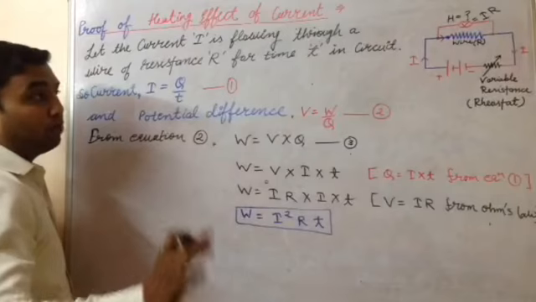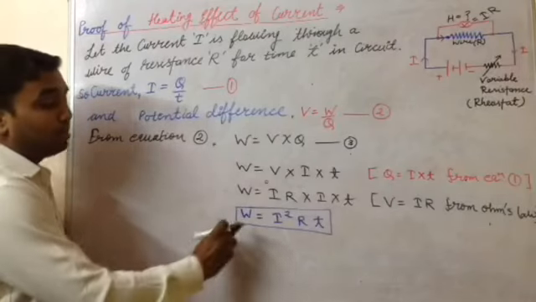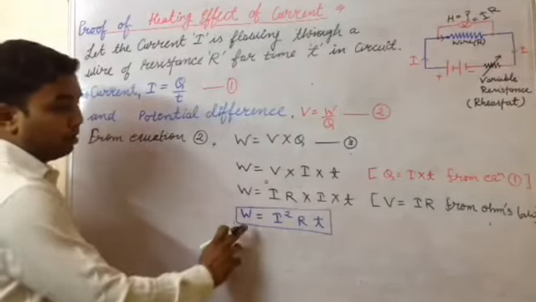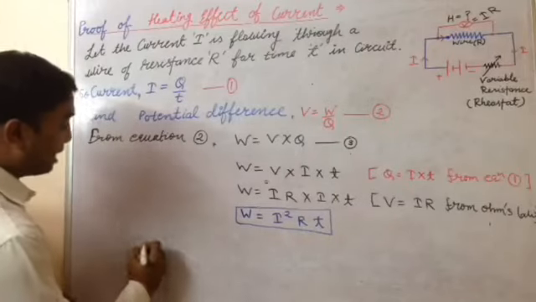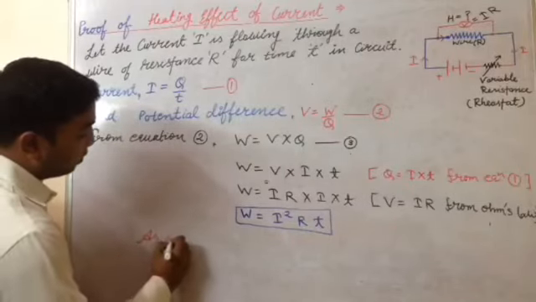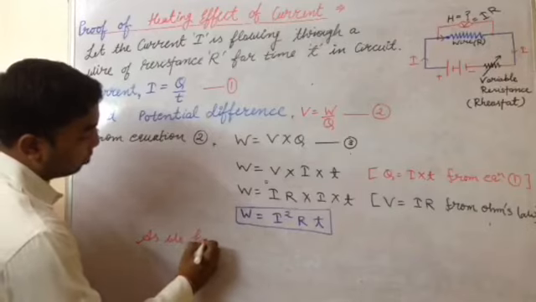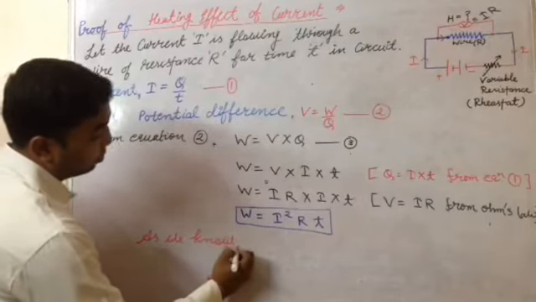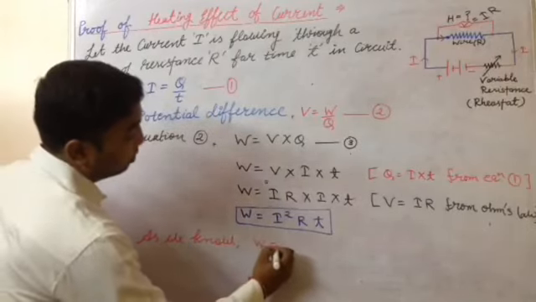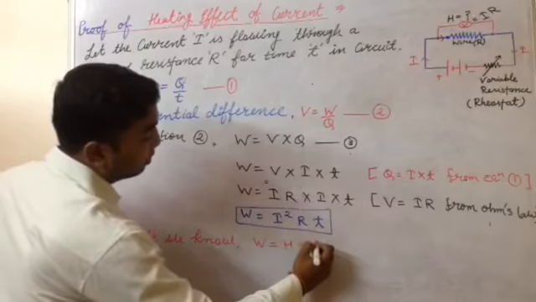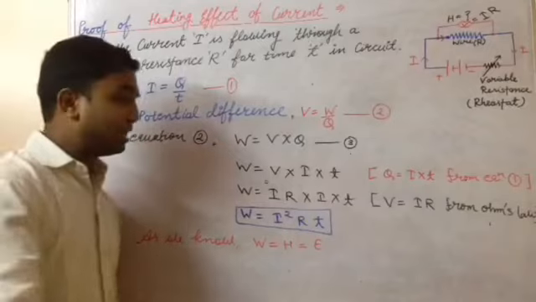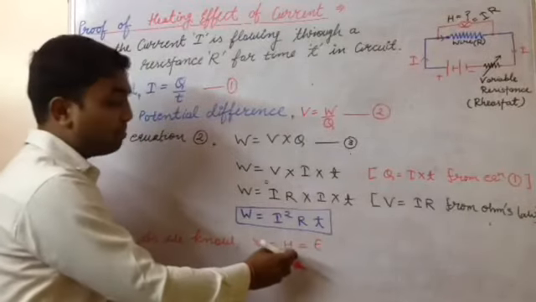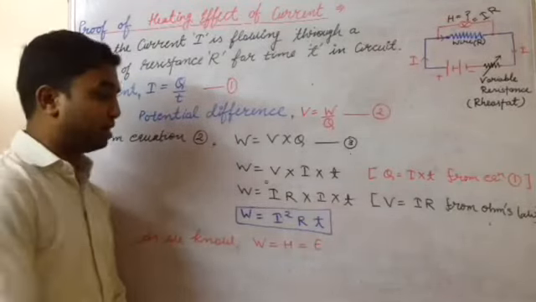Now, what was the formula of heat? It should be H here. As we know, work equal to heat equal to energy. These all are the same thing. Whatever work is done is converted into energy, and energy means ultimately heat is also a form of energy.